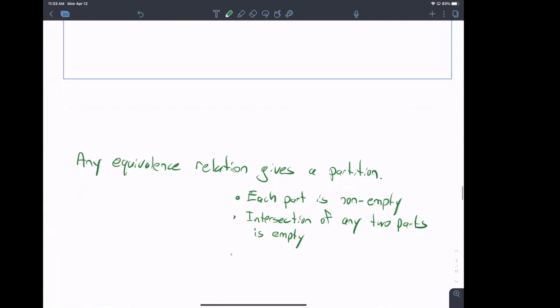And the last one was the union of all parts gives the entire set. So we're going to check that equivalence classes satisfy these conditions. That's the goal here.